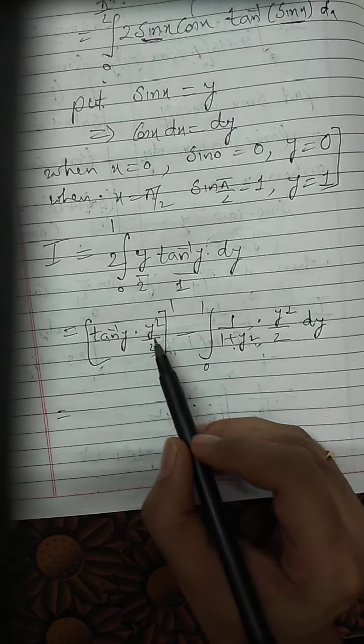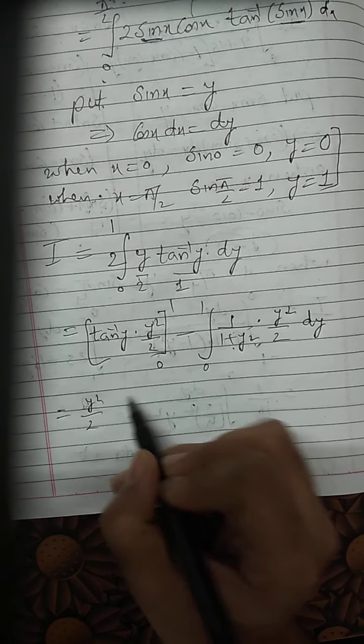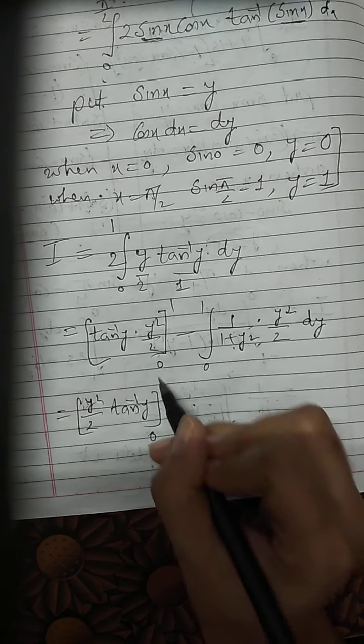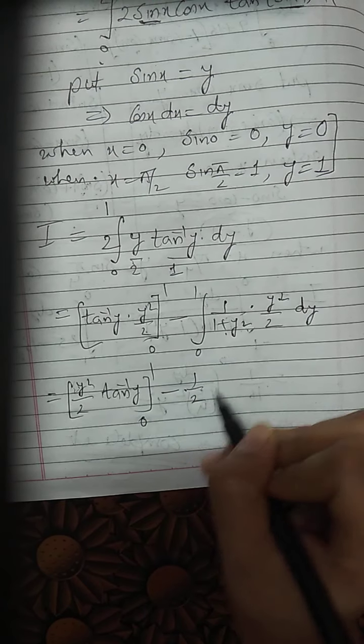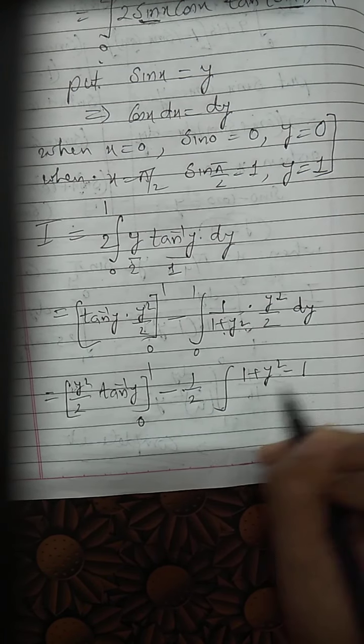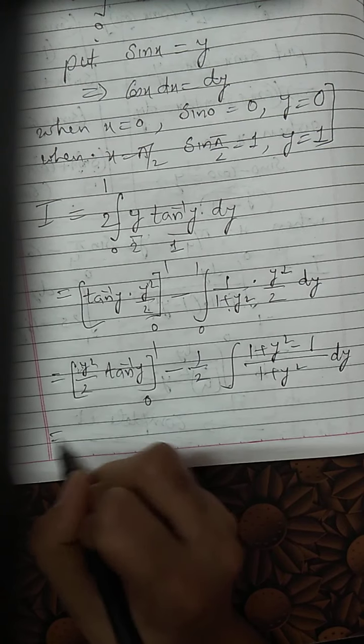So we are getting here y square by 2 tan inverse y. I am keeping this term as such, minus 1 by 2 as such. So what we will do, 1 plus y square minus 1 upon 1 plus y square dy. When you just separate the terms, our answer will be there.